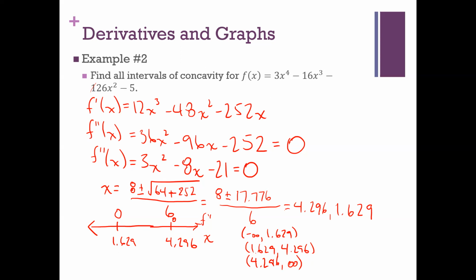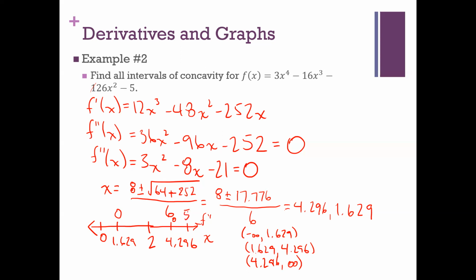All right, so what's a good point to the far left? If you can help it, always use 0. How about between them? 2 or 3, and to the right. 5 sounds fun.